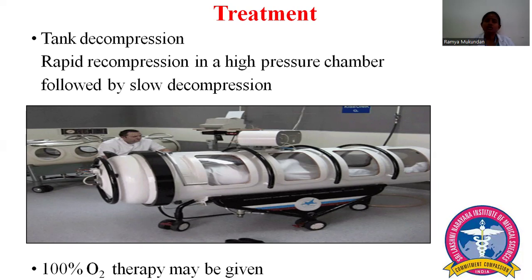Then all those bubbles get dissolved in the body fluids and enter the tissues. So now there is a reversal of symptoms, and there will be a slow reduction of pressure, leading to slow decompression. When a slow decompression is made, all those symptoms developing as a result of rapid decompression will be avoided.